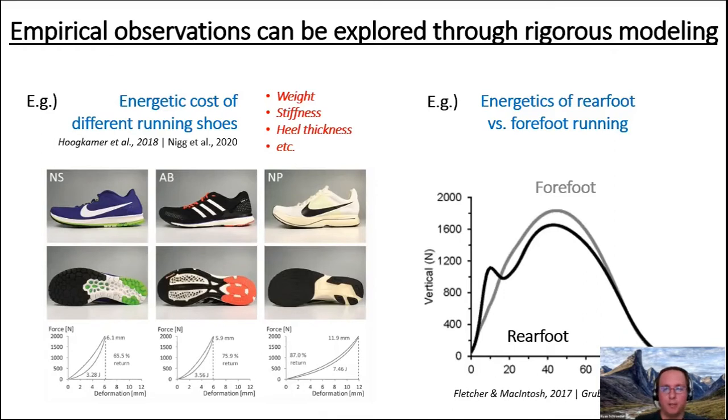I feel like it's always only a matter of time in these seminars where the forefoot running thing comes up. And the only point I'll make is that although you could certainly just run the experiment, do the analysis, collect all the data, and see what the result is of your new running shoe, for example, rigorous physics modeling can help you to maybe guide that process, right?